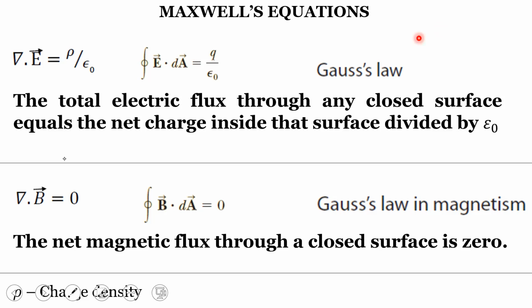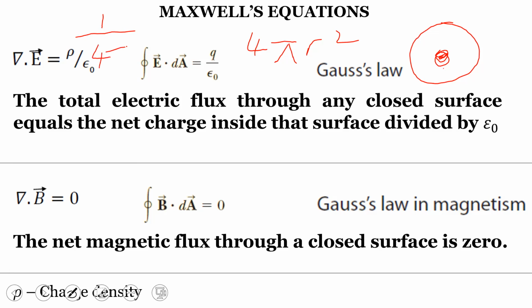If you assume you have a charged particle enclosed in a sphere, then the total flux that will go out of that sphere: the area of the sphere is 4 pi r squared, and the electric field is 1 over 4 pi epsilon naught r squared times the charge Q. Multiplying them together gives Q over epsilon naught.